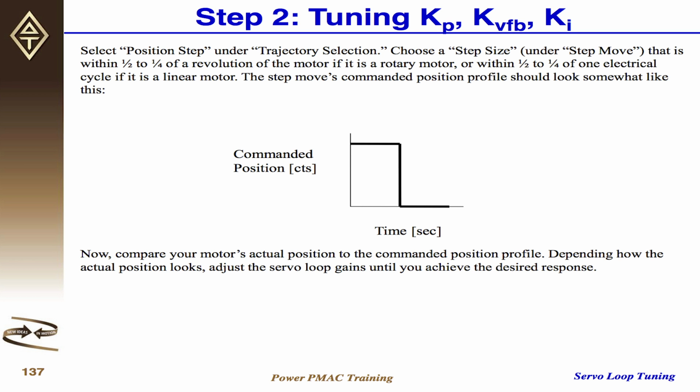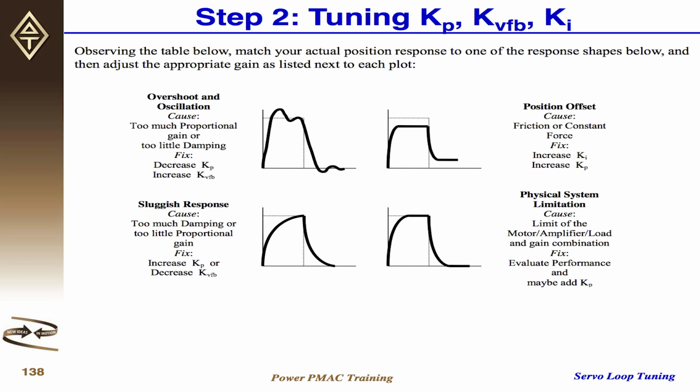So first, you want to increase KP and add a little bit of KVFB. You always need both. Increase KP until your actual position overshoots and oscillates around the target. Here in this diagram, the target is that dotted line. So our actual position is going over the dotted line, and then it's oscillating around it.